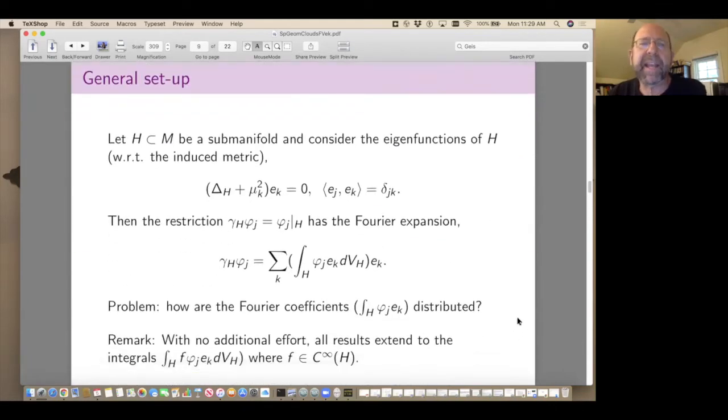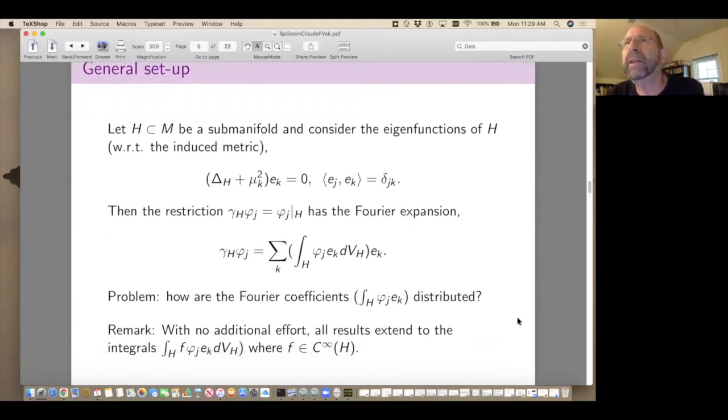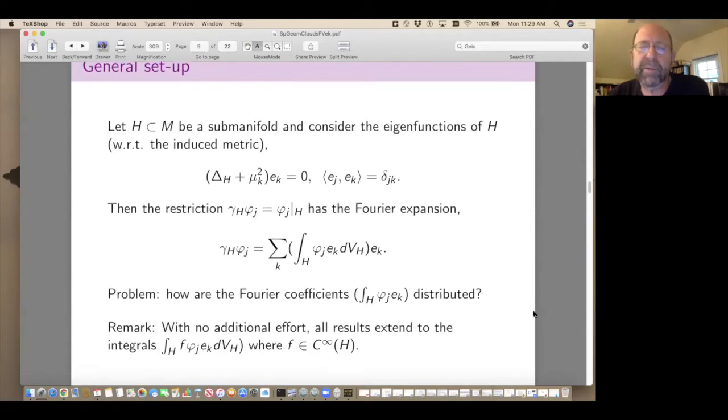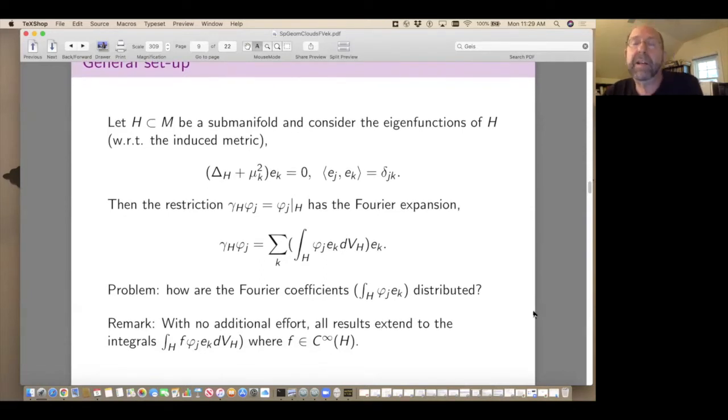So now I'm going to state the rigorous results. Let me do this in a general context of having a submanifold of a compact Riemannian manifold, and we look at the eigenfunctions of the submanifold. That generalizes e to the inx if we had made the submanifold a circle on a surface.